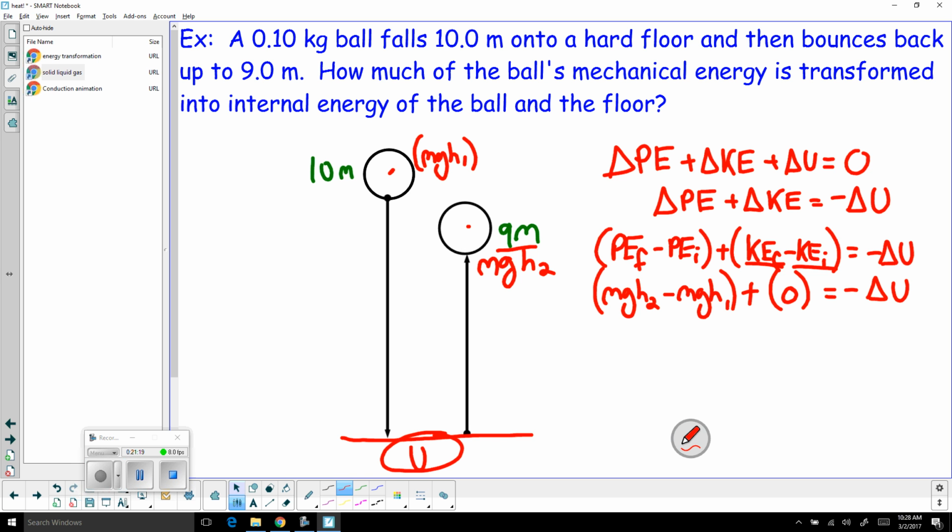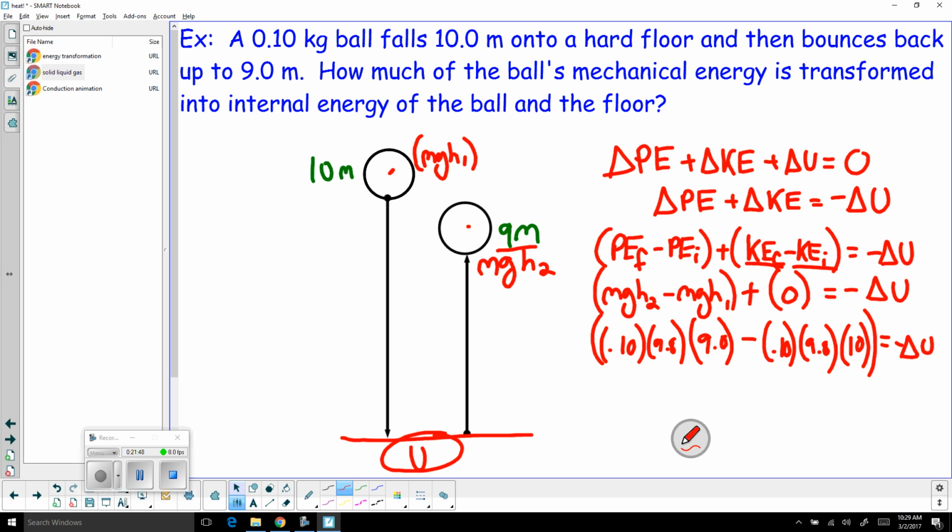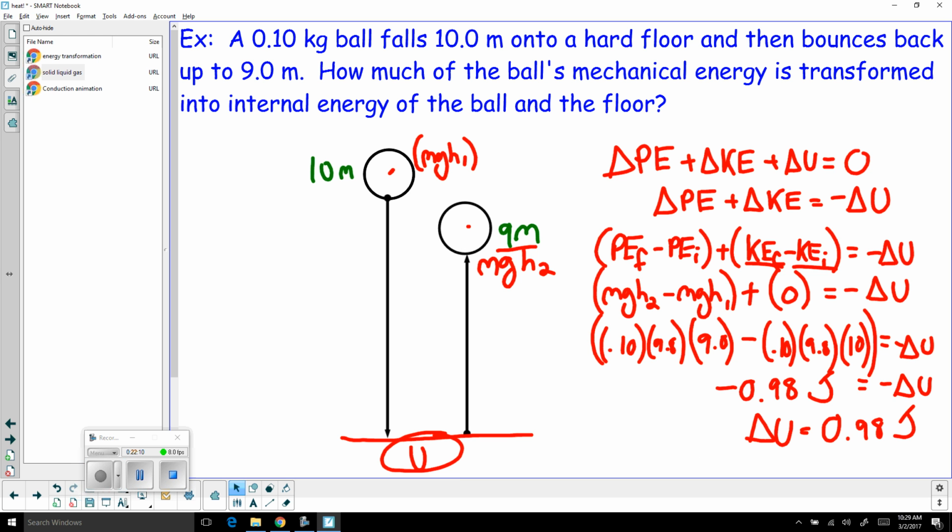So then what I'm going to have here is 0.1 times 9.8 times 9.0 minus 0.1 times 9.8 times 10 equals negative delta U. When I solve all of that out, I get negative 0.98 joules equals negative delta U. So the floor gained 0.98 joules of internal energy in the form of thermal energy.